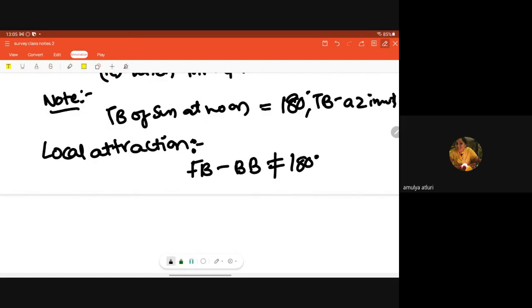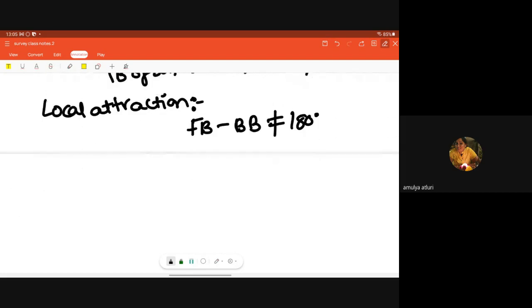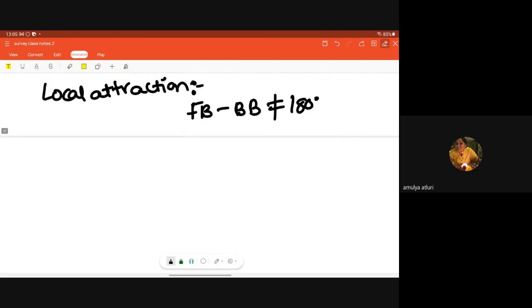So what is the correction for local attraction? They will ask for the correction for local attraction. What do we do?